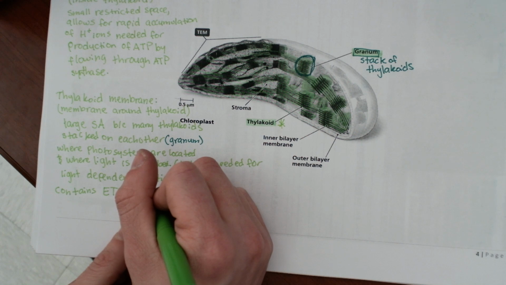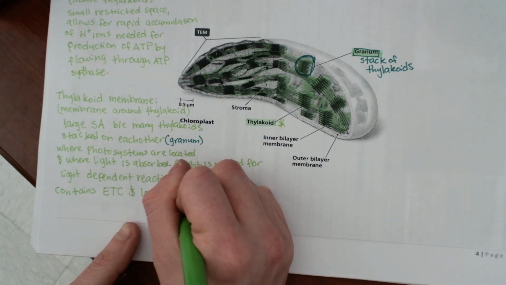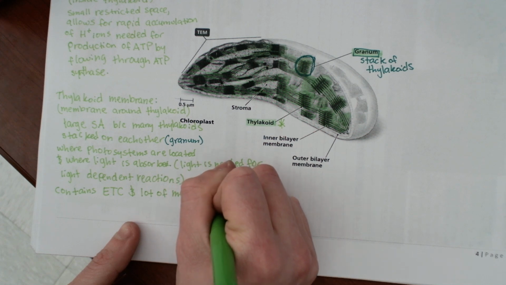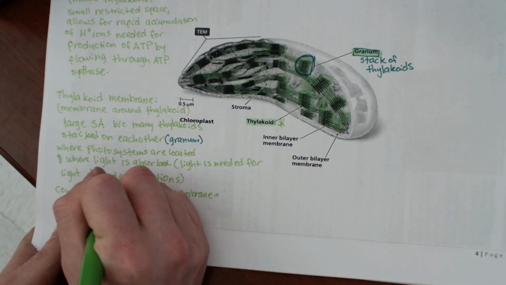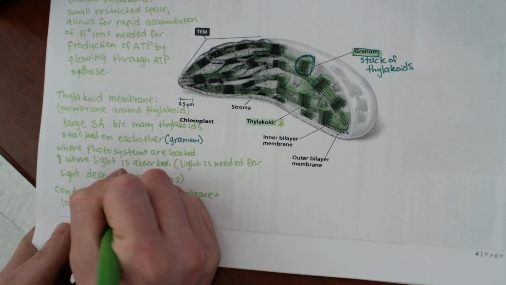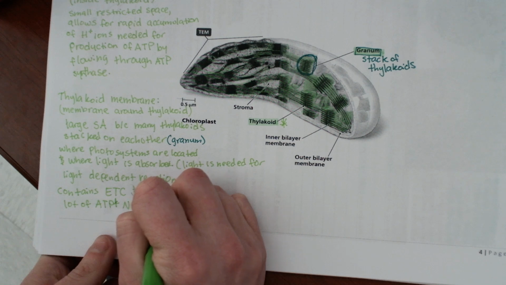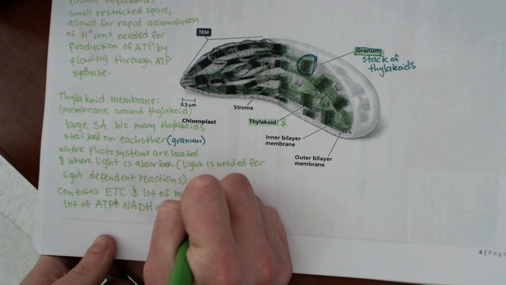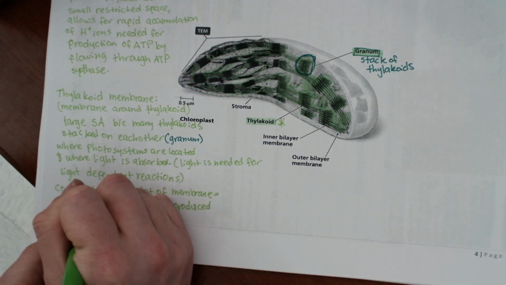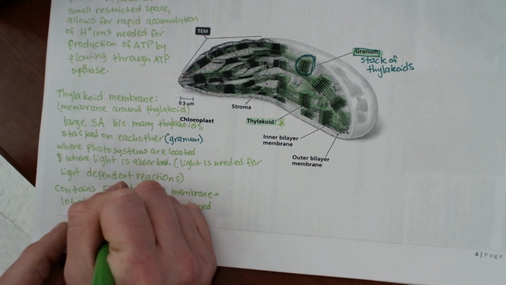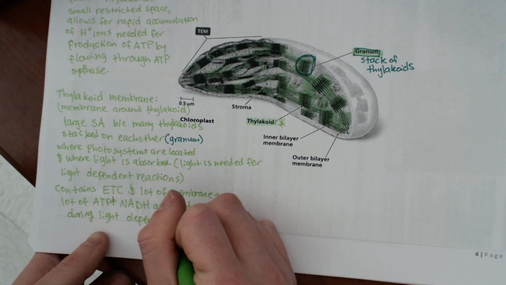And having a lot of membrane means a lot of ATP and NADH are produced during light dependent reactions.